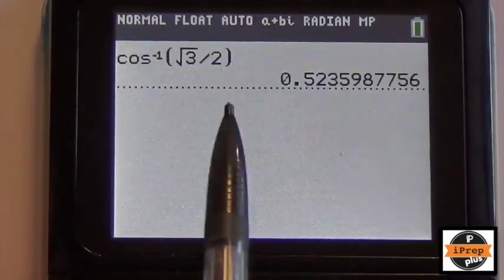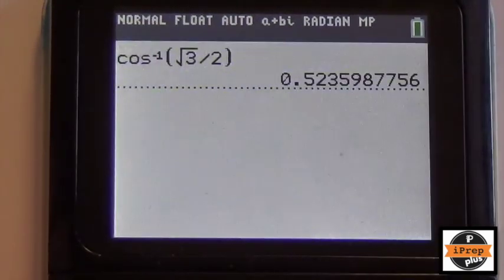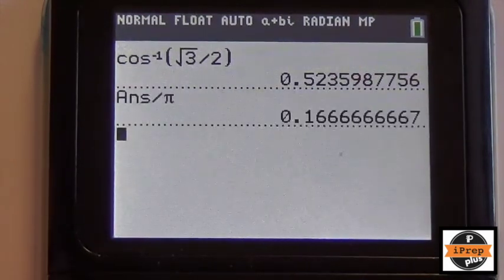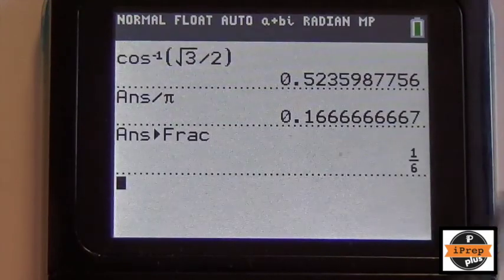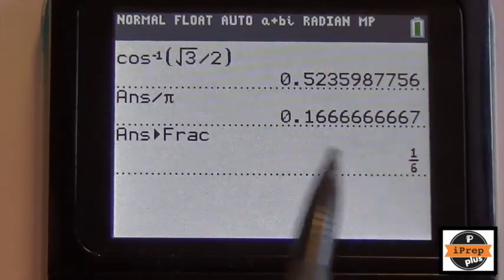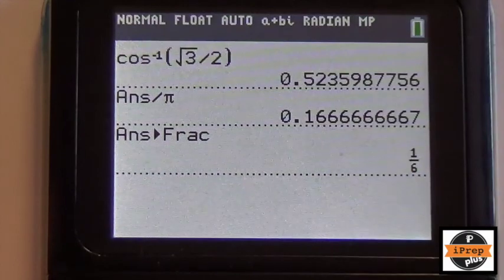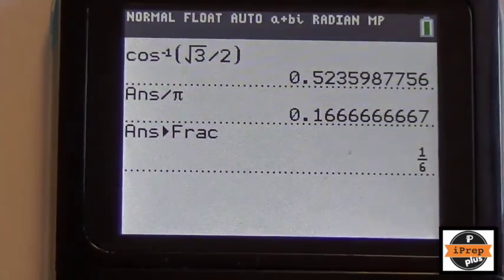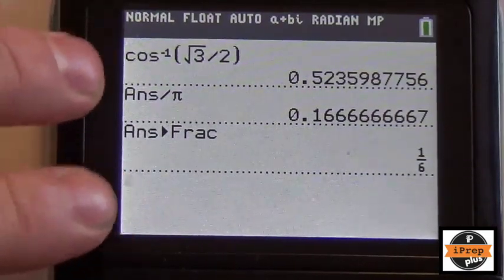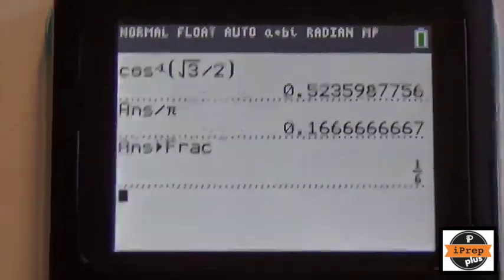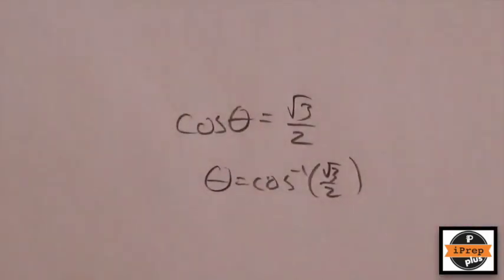Now I'm getting a weird, crazy decimal here, but the reason for that is because there is a pi in that answer. So divide out the pi, then convert that to a fraction, and now put the pi back in. The angle that I'm looking for is pi over 6. I don't need to memorize the unit circle or those special triangles. They do help. This is a little bit slower, but you can always use your calculator to get around that issue as well. It's quite a useful tool.